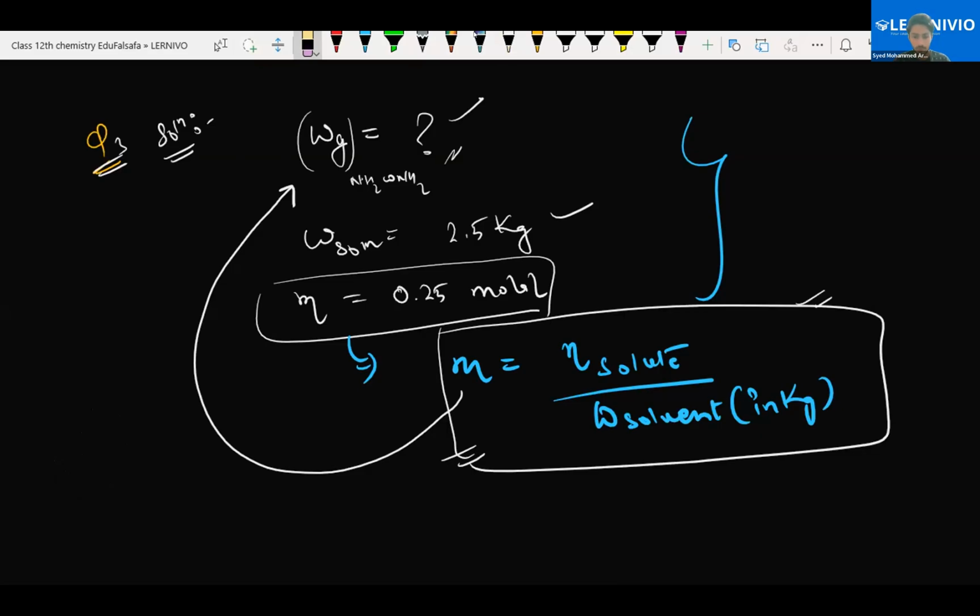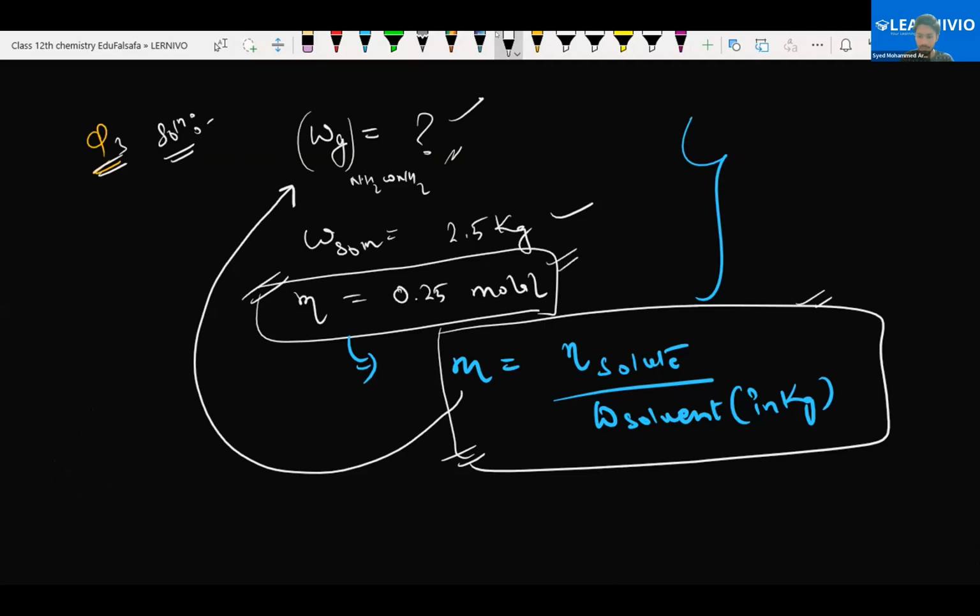Okay, so this is the molality, na? Molality is given to you, not molarity. So if you multiply this by mole, you are not getting the molarity. That is just for normality, not for molality. If the normality is given to you and you need to find the molality, then you can do that.